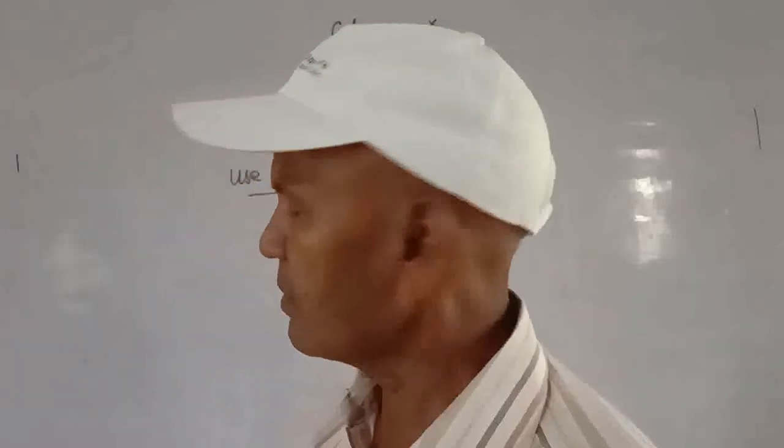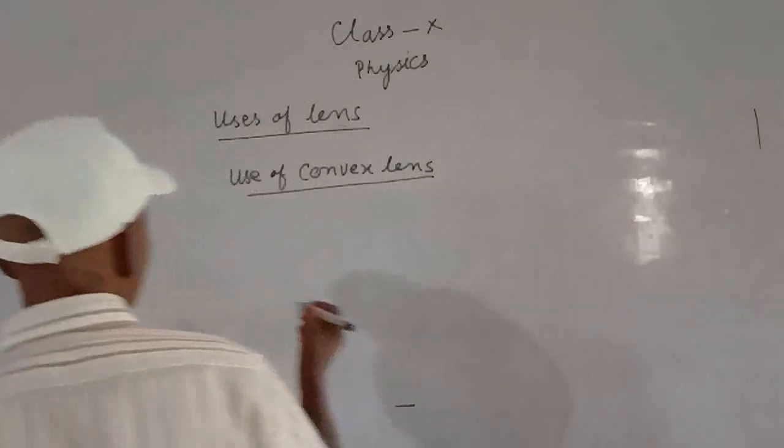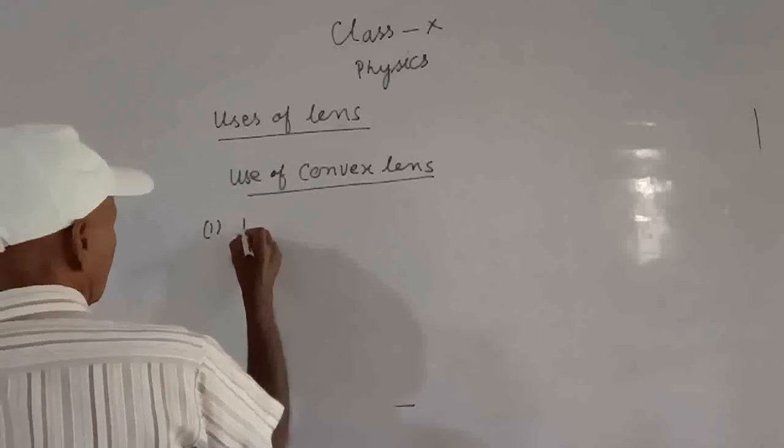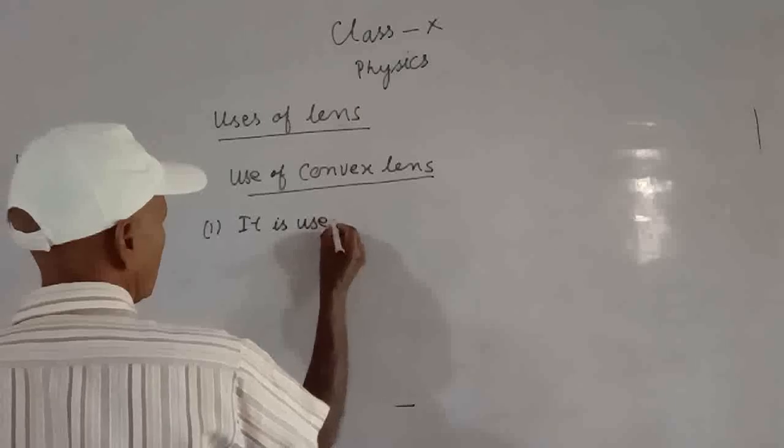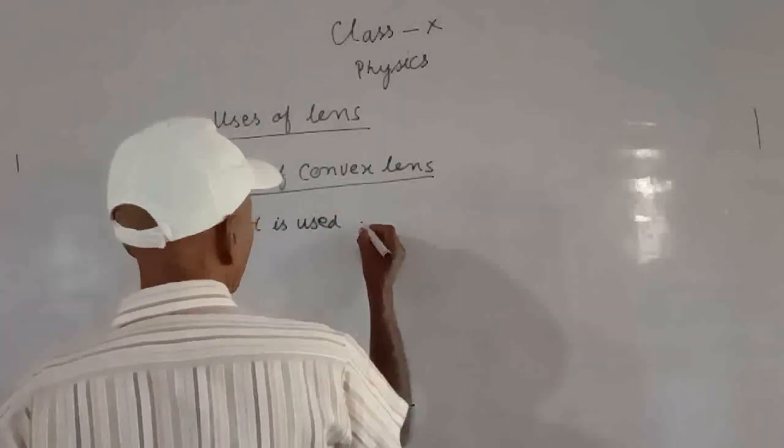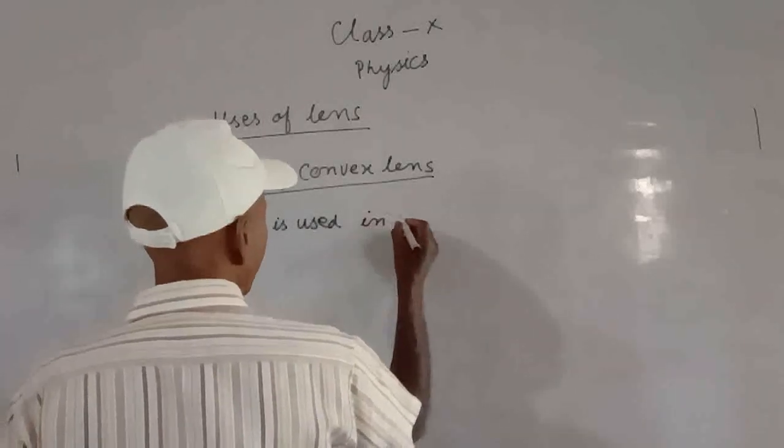These are the uses of convex lens. First, it is used in camera.